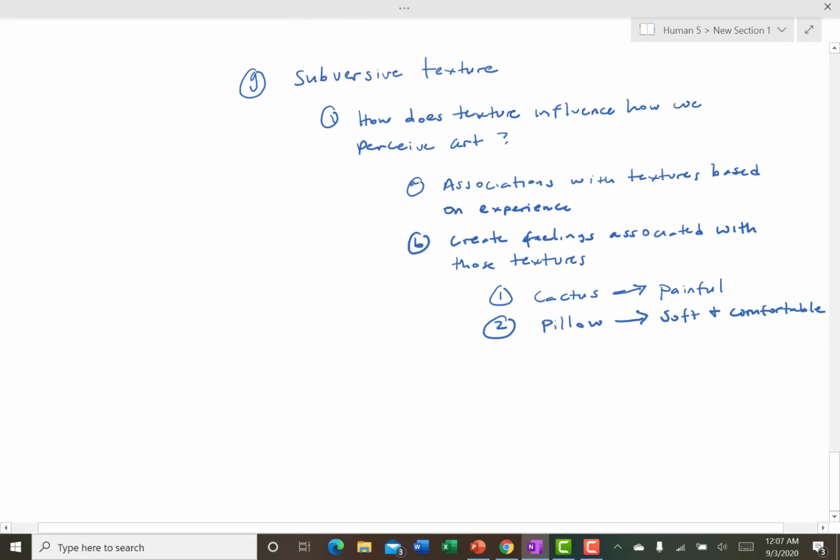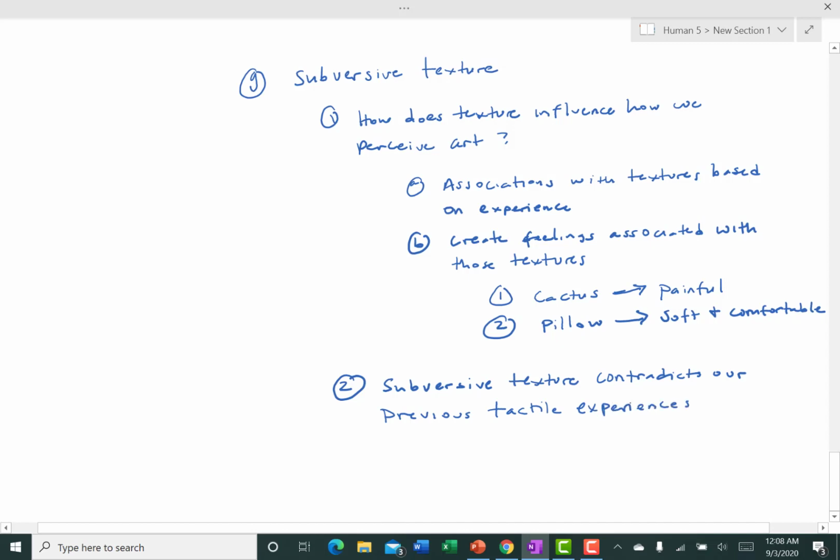And so what subversive texture does is it plays with that connection of why texture is so important in both implied texture and two-dimensional art, and why actual texture is important in three-dimensional art. Subversive texture then contradicts our previous, we'll say, tactile experiences.